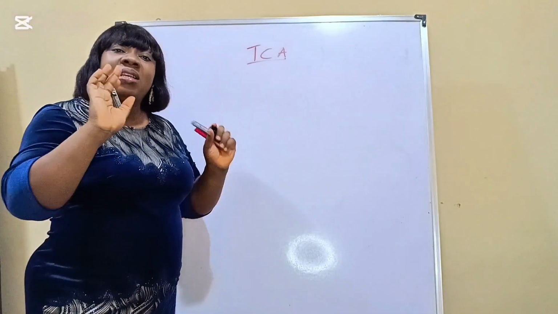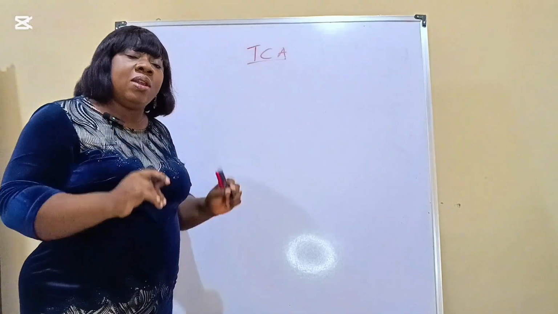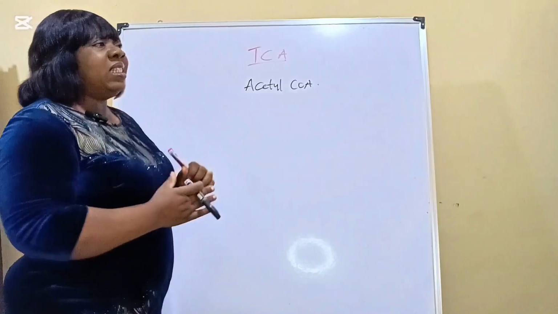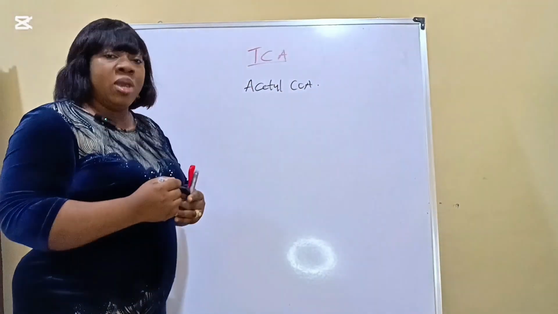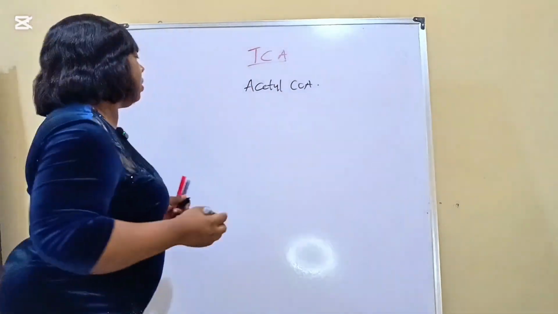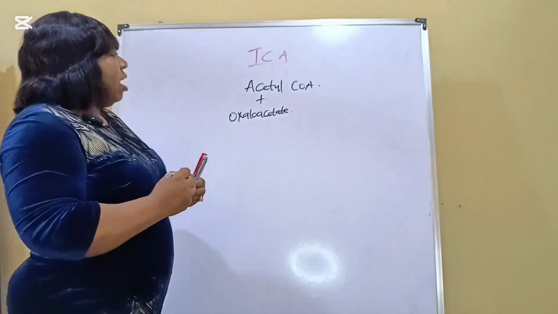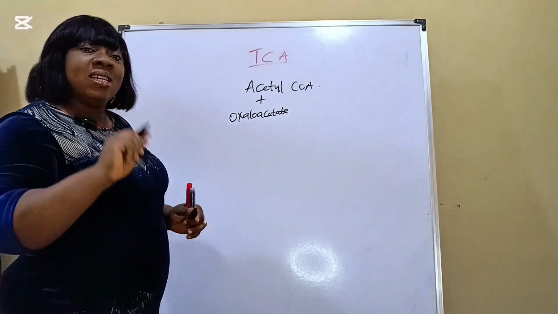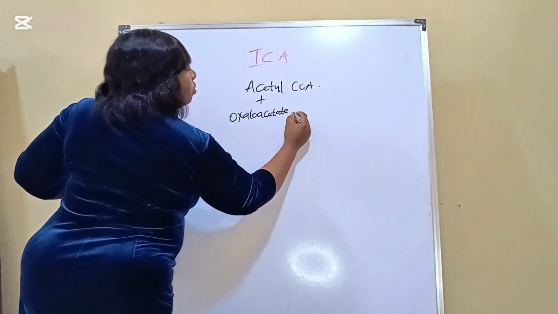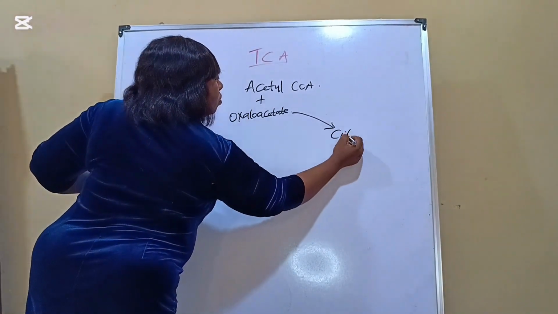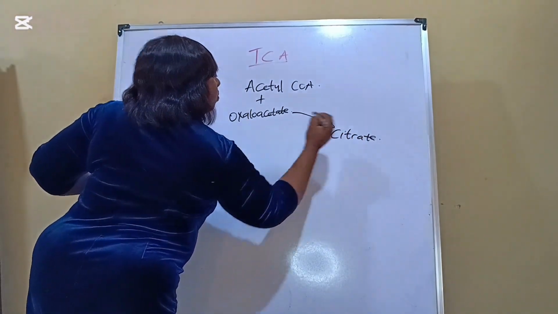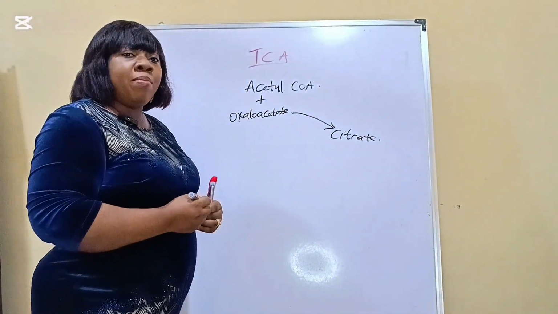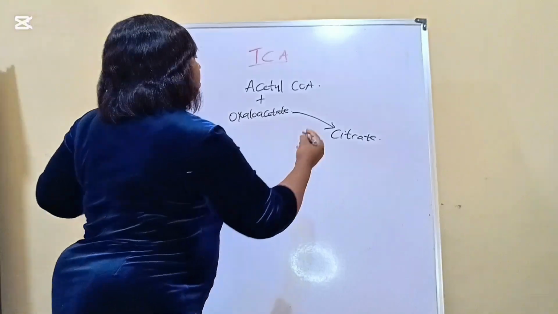Now, we already have our acetyl CoA. That is where we are starting this class from. This acetyl CoA will react with oxaloacetate, and the reaction of acetyl CoA with oxaloacetate will give us citrate. This reaction is catalyzed by the enzyme citrate synthase.